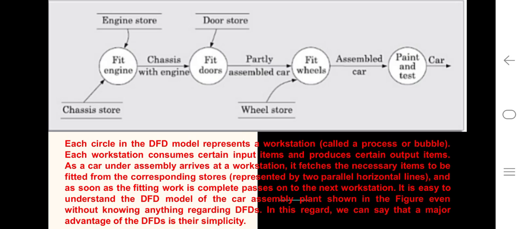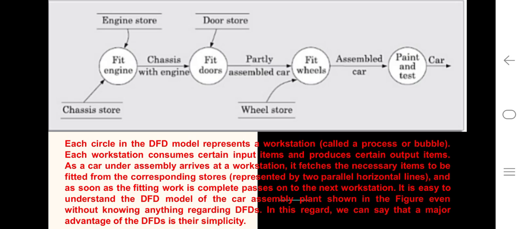It is easy to understand the DFD model of the car assembly plant shown in the figure even without knowing anything about data flow diagrams. In this regard, we can say that a major advantage of DFDs is their simplicity.